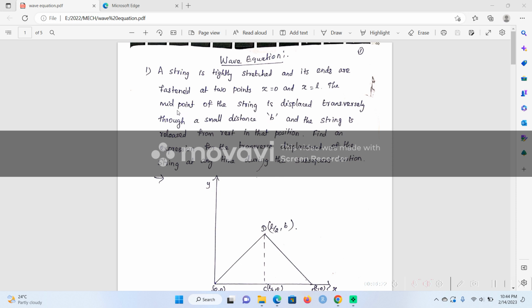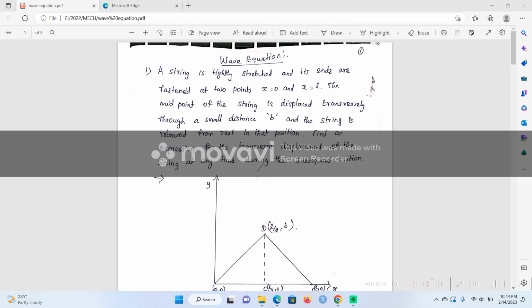And then it is given that the midpoint of this string is displaced transversely through a small distance b. Okay, so that string's midpoint is displaced by a small distance b, and the string is released from rest in that position.